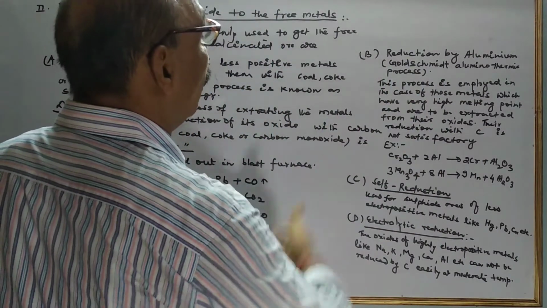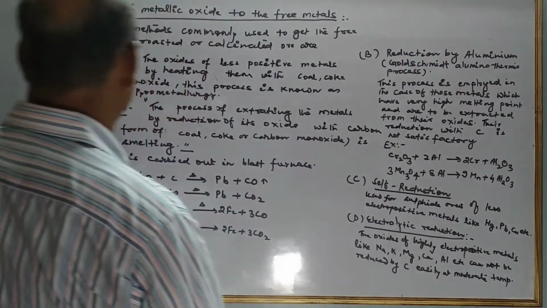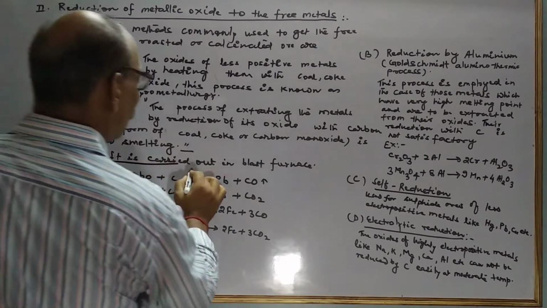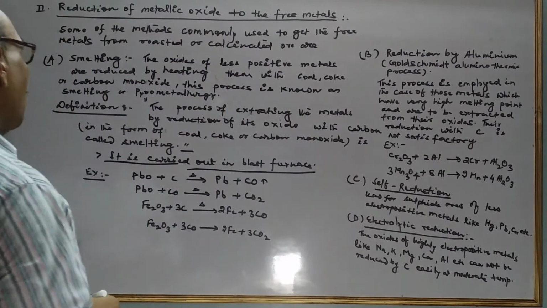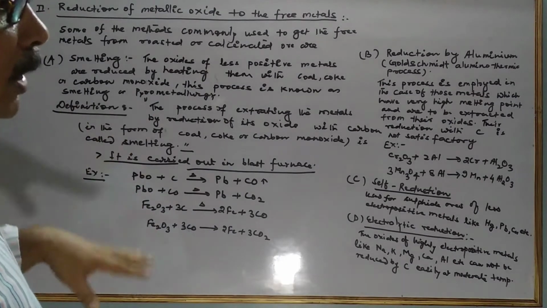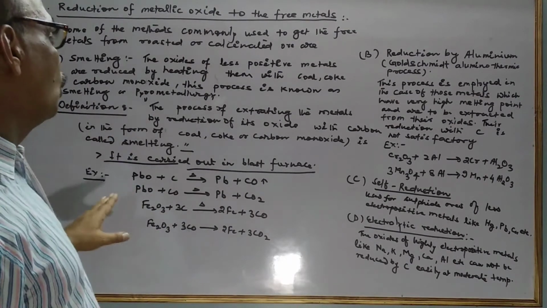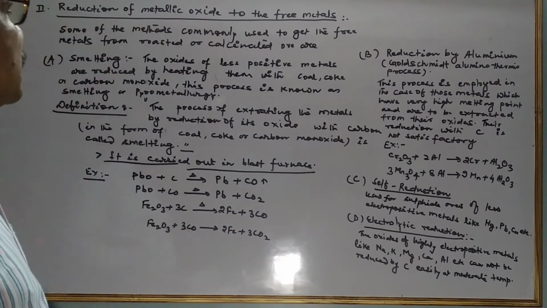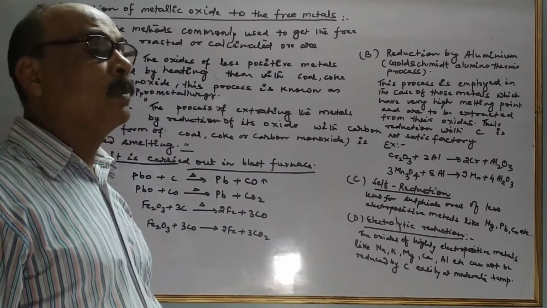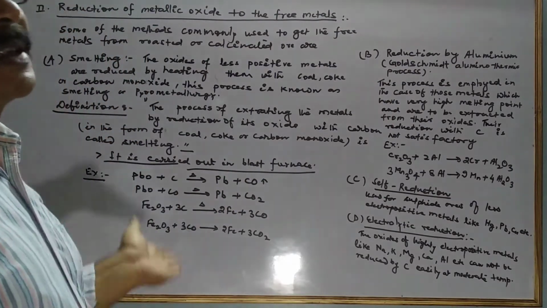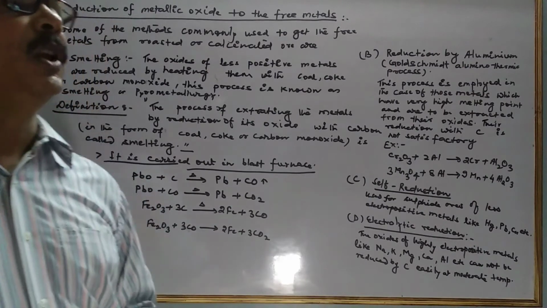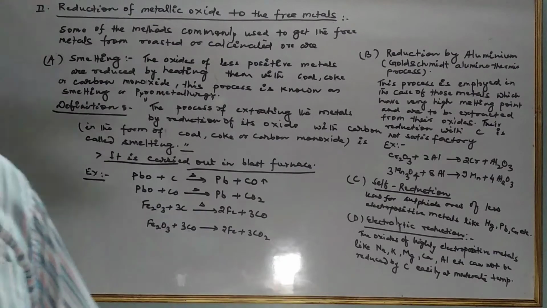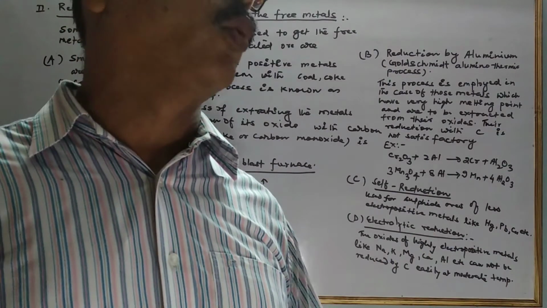So you should understand that roasting and calcination are carried out in the reverberatory furnace, but the smelting is carried out in the blast furnace. And sometimes flux has to be used because even after the concentration, some impurity may still be present in the calcinated or roasted ore.